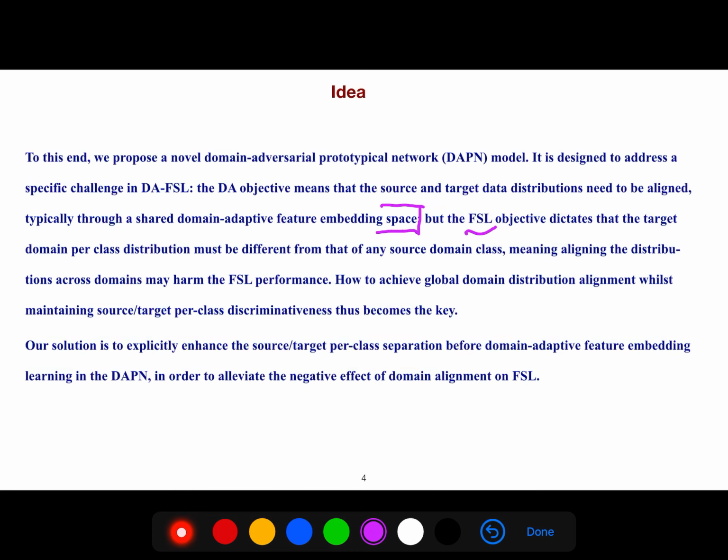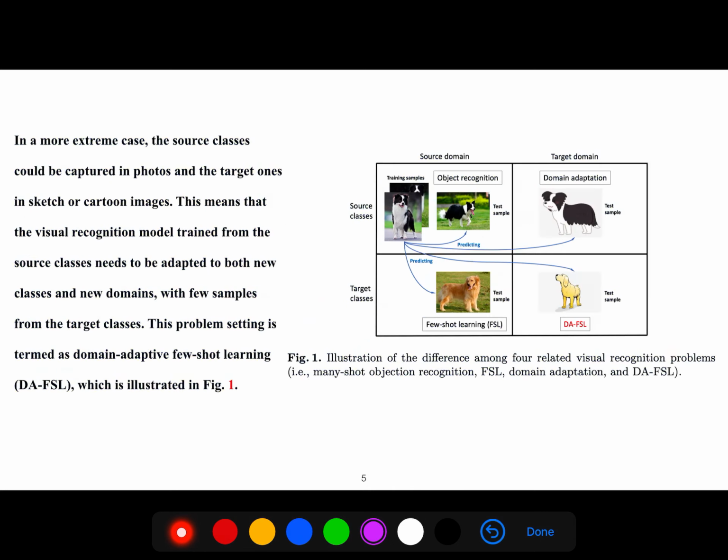However, how to achieve global domain distribution alignment while maintaining source target per class discriminativeness thus becomes the key. So our solution is to explicitly enhance the source and target per class separation before domain adaptive feature embedding learning in order to alleviate the negative effect of domain alignment.